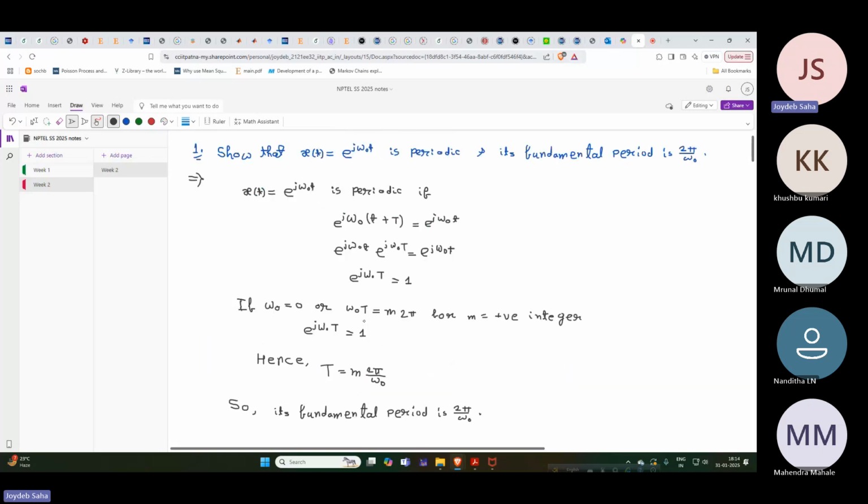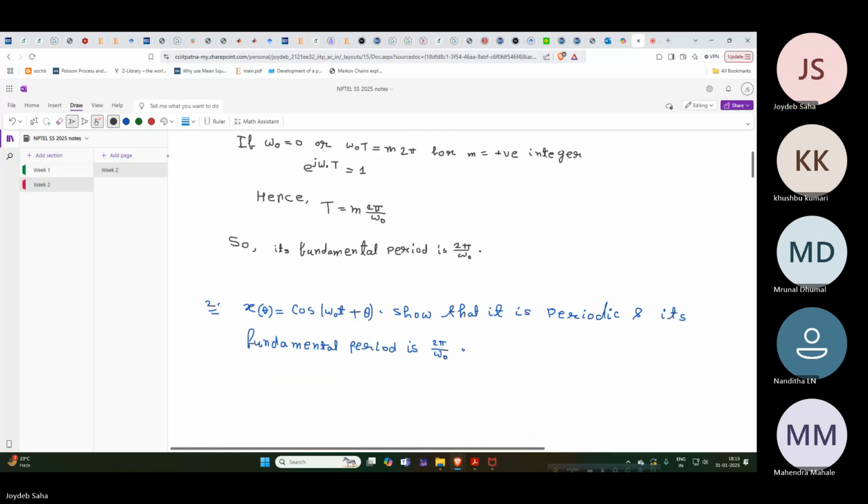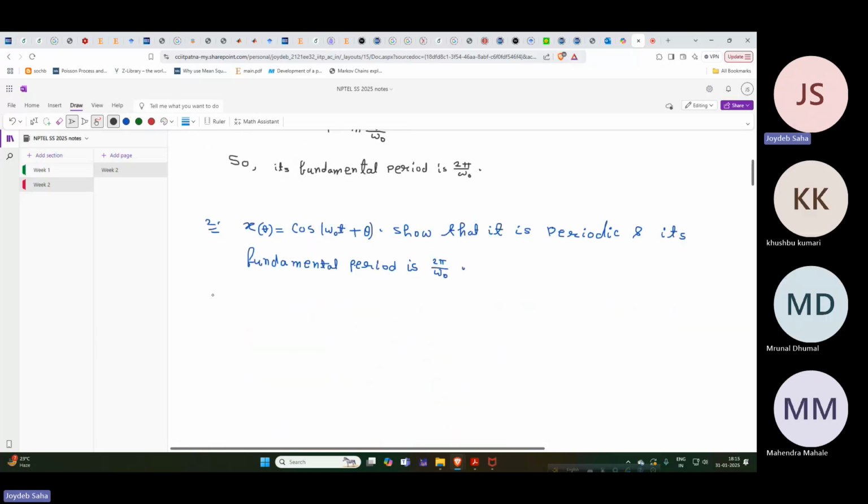So please look at the answer of the first question and try to solve the second question by yourself. Both are similar type questions, right? Take one more minute. If you cannot solve, then I will solve it for you. If anyone has solved it, match your answer with my answer.